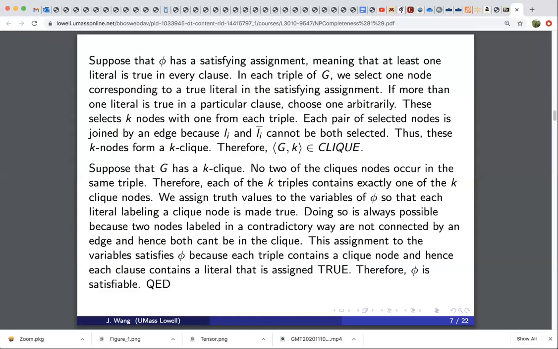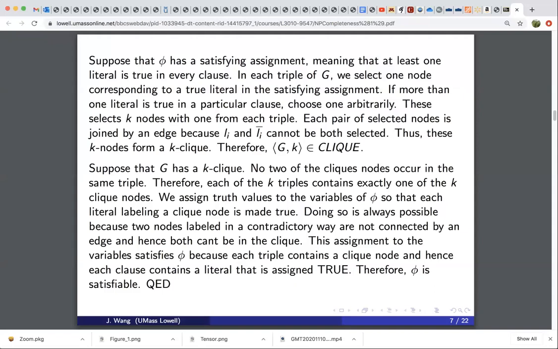Suppose that G has a K-clique. Then no two of the clique's nodes occur in the same triple, because they don't connect to each other within the same triple. Hence, each of the K triples contains exactly one of the K-clique's nodes, and we simply set them true.